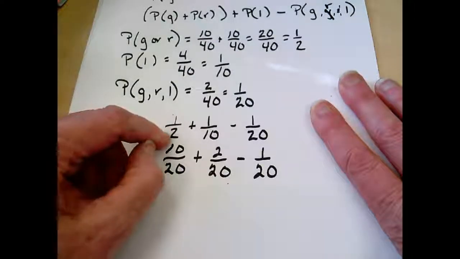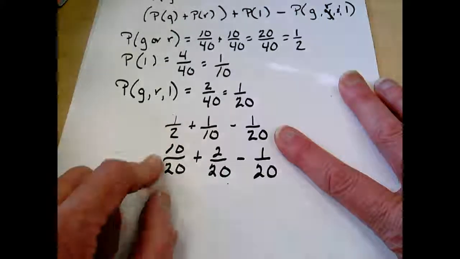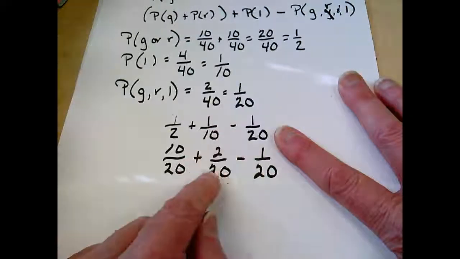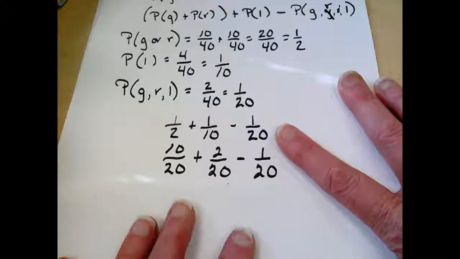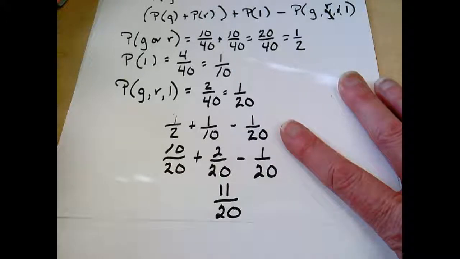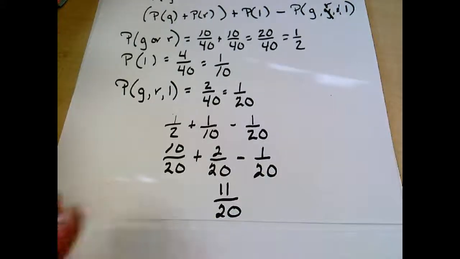So to 1/2, I need to have 20ths, so I multiply top and bottom by 10, get 10 20ths. With 1/10, I'd multiply top and bottom by 2 and get 2 20ths, and then the 1/20th I would subtract off. So 10 20ths plus 2 20ths is 12 20ths minus the 1/20th, and I get 11 20ths.